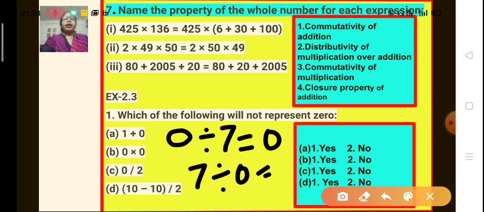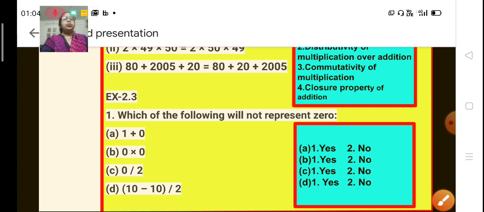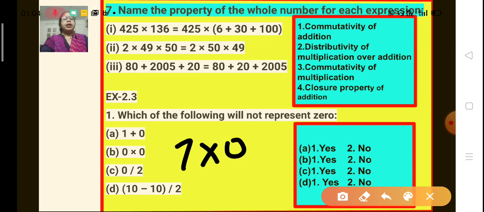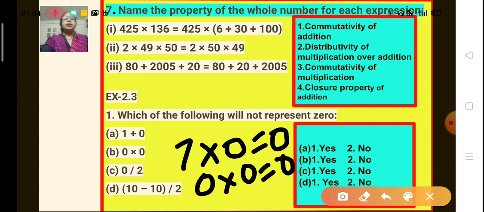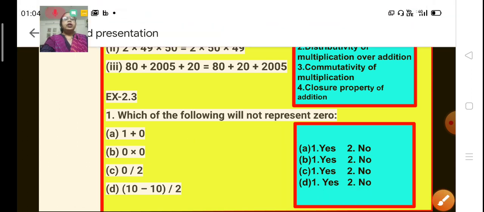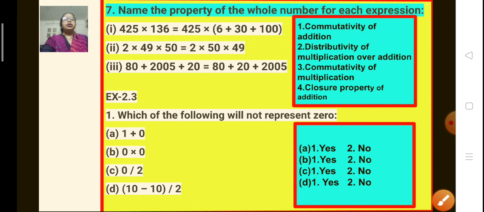It is undefined, it is not defined. Similarly, if we multiply any number with 0, suppose we take 7 again and multiply it with 0, the result will be 0. If we multiply 2 zeros, then also we get 0 as the result, isn't it?